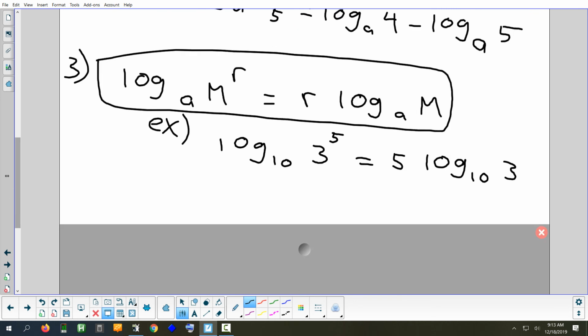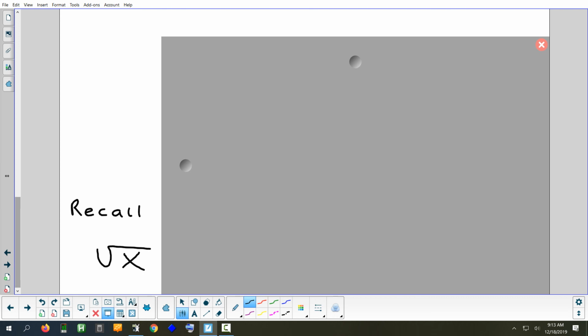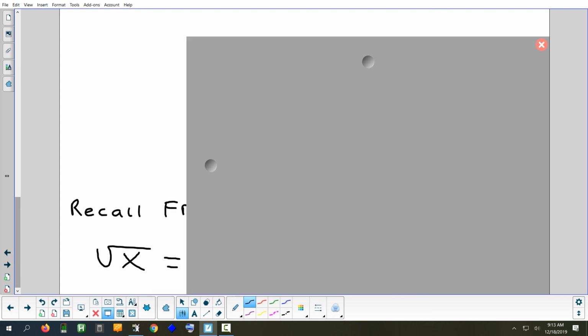Now, that rule is going to come up when we do something from algebra with a square root. There's another way to write a square root. Does anybody remember what power is the same as a square root? That's the opposite of it. So square and square root are opposites.